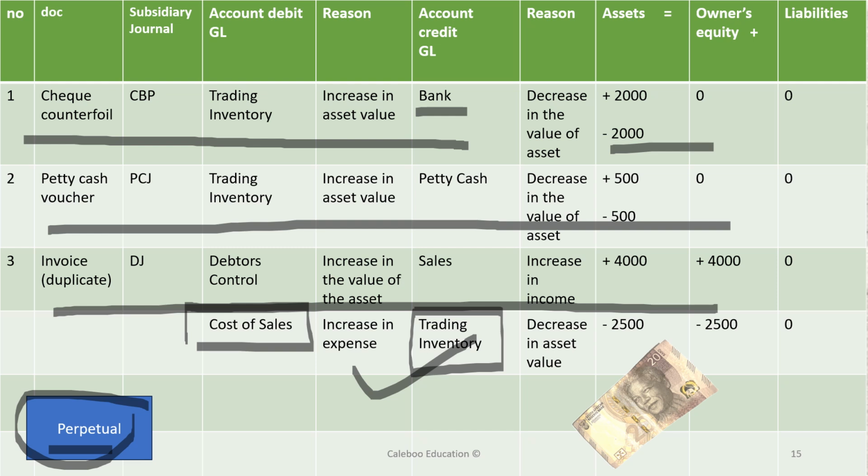So the perpetual inventory system is more efficient because you can do certain calculations after each sale, but some businesses still prefer to use the periodic system. And I cover the periodic system in case it's asked in an exam.